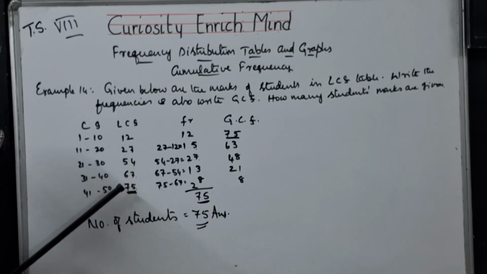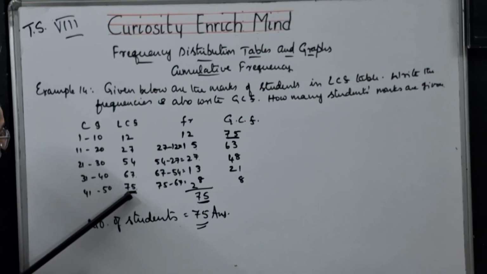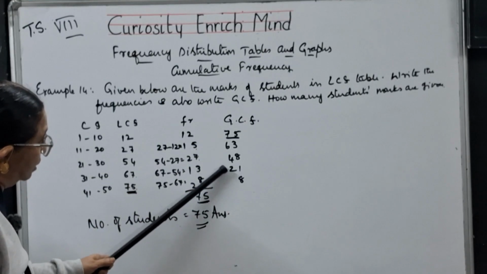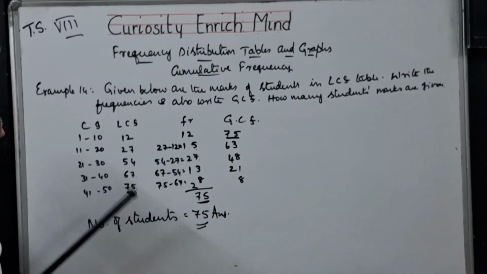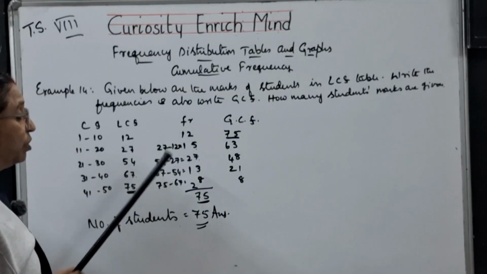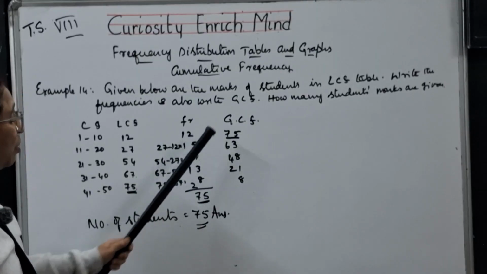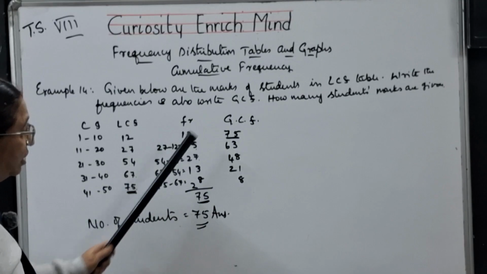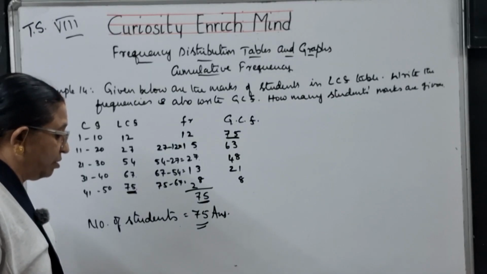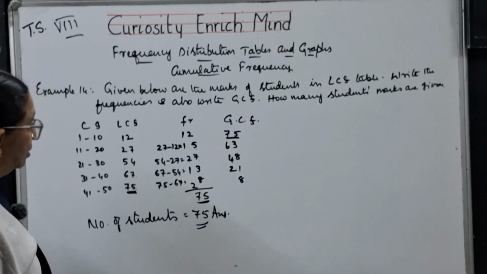That means the greatest value of LCF is 75, the frequency sum is 75, and the greatest value of GCF is 75. They should match like this. Otherwise, there is a mistake in your book, children. This is what is called checking. If these three are the same, then your answer is correct.